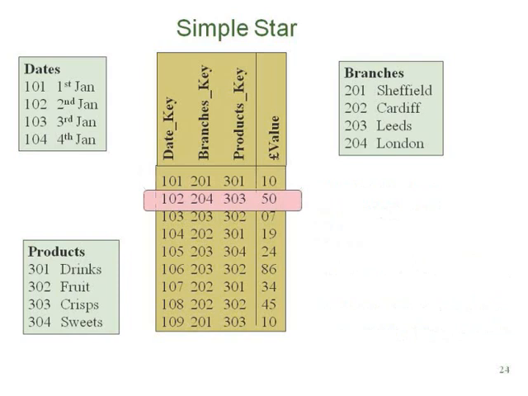Now let's look at a second sales record. On date 102, which was the 2nd of January, we sold in branch number 204, which was our London branch, product 303, some crisps, and in total customers paid £50 for that.